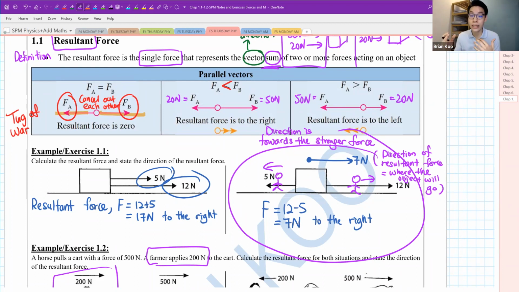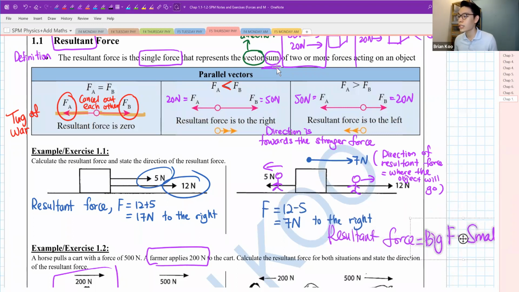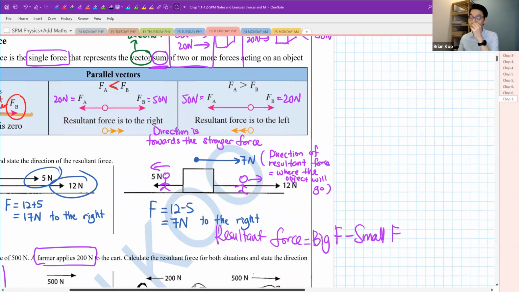How do we minus? You always take the larger force minus the smaller force to get the resultant force. So at the end of it, this would be 12 Newton minus 5 Newton to get 7 Newton only, because they cancel out each other. And it's 7 Newtons to the right.